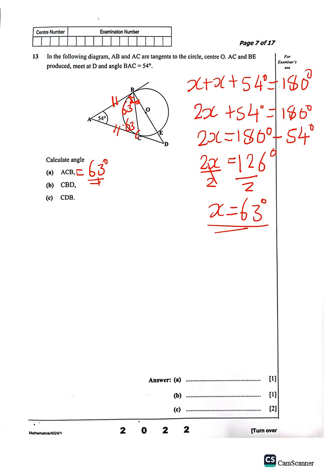So the angle OBA is 90. Now from that 90 we have 63, so we are going to subtract 63 from 90, then we have this small angle here. So 90 minus 63 is 27. Okay, so that is CBD. Now let's move on to CDB.